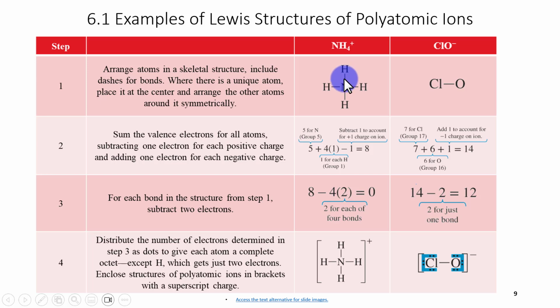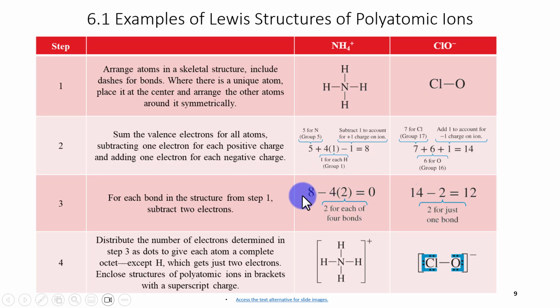Now, I can draw dashes for bonding all the hydrogens around the nitrogen, or bonding the chlorine to the oxygen. Let us account for all of those bonding electrons. Remember, each dash counts for 2 electrons, so 2, 4, 6, and 8.